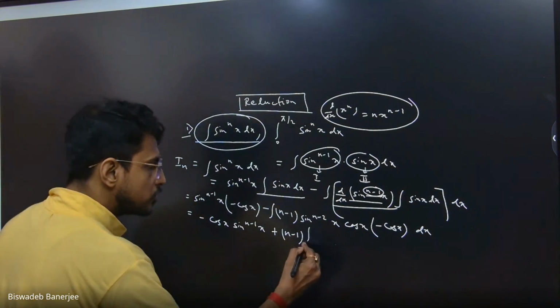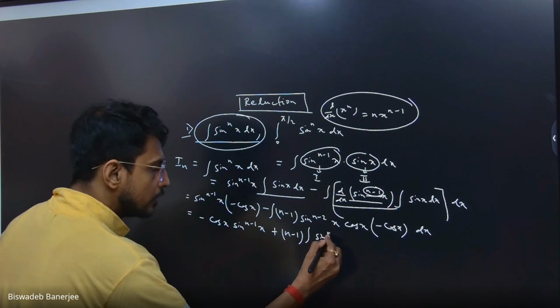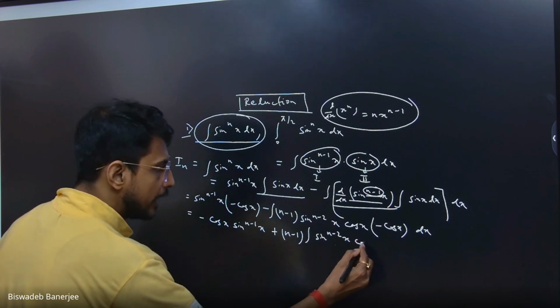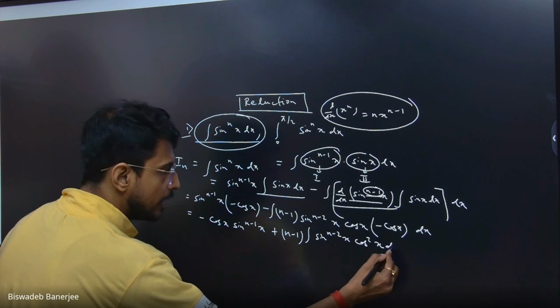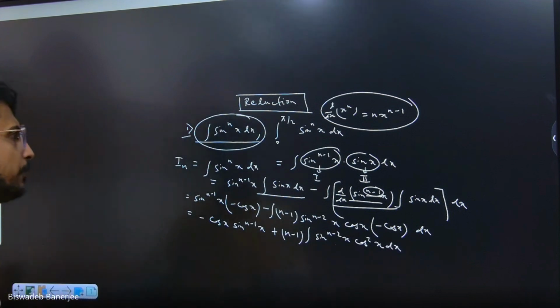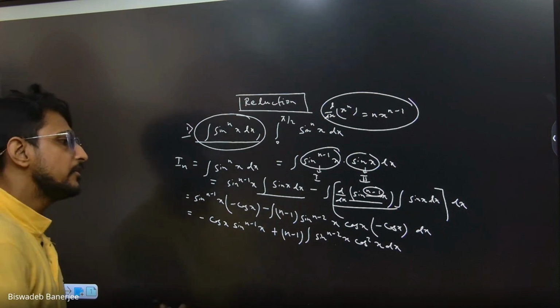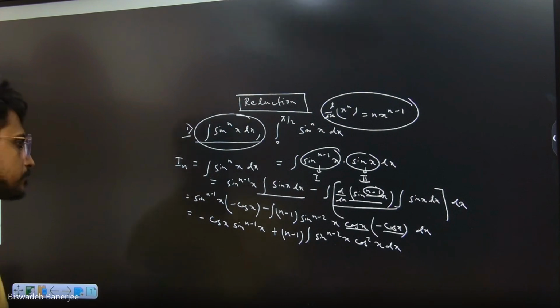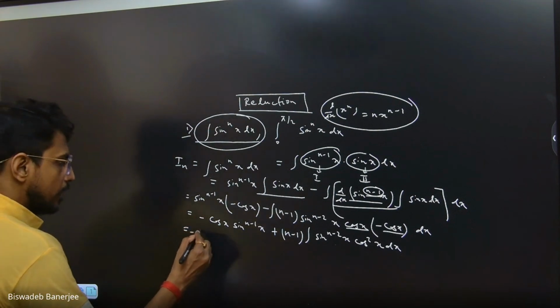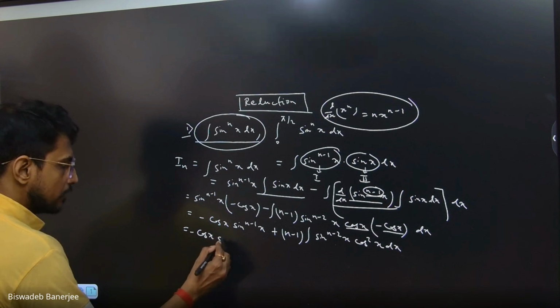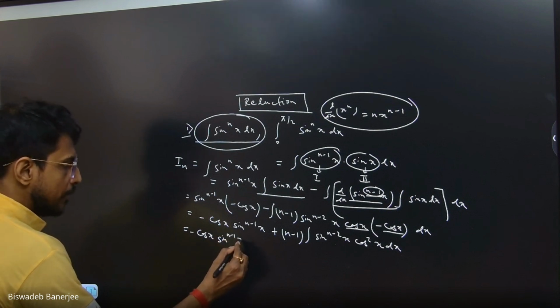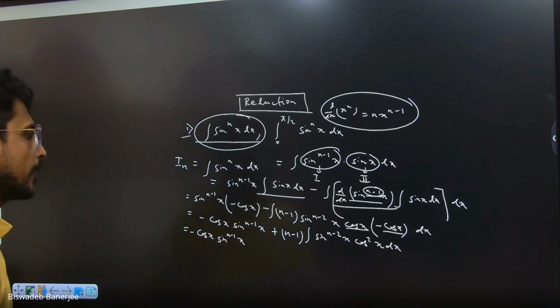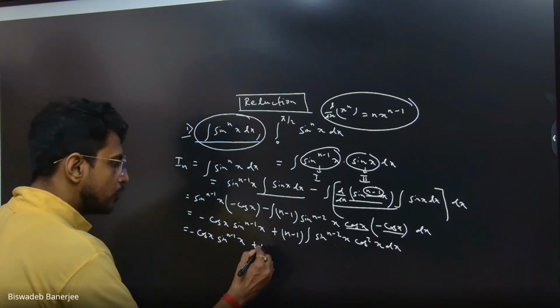Then under the integration, we are left with sine to the power n minus 2 x into cos squared x dx. Sine to the power n minus 2 x, cos x into cos x giving cos squared x. Finally, minus cos x into sine to the power n minus 1 x plus n minus 1.